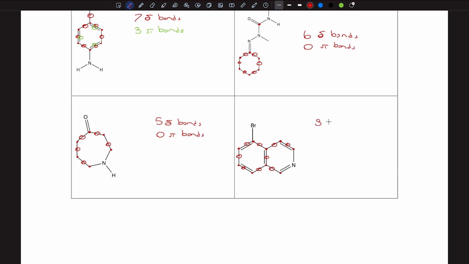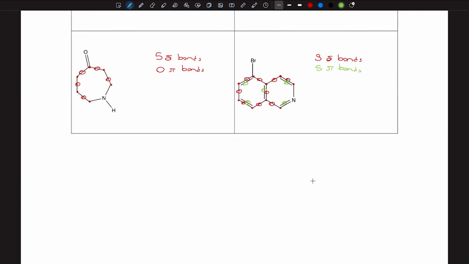So I count 9 sigma bonds. And pi bonds should be 1, 2, 3, 4, 5 pi bonds. 5 pi bonds. That concludes all our problems in our worksheet.